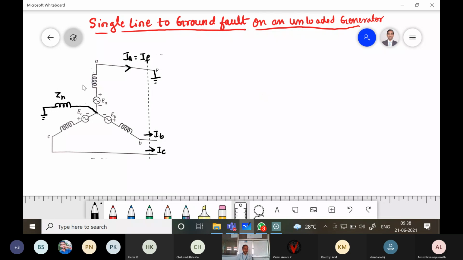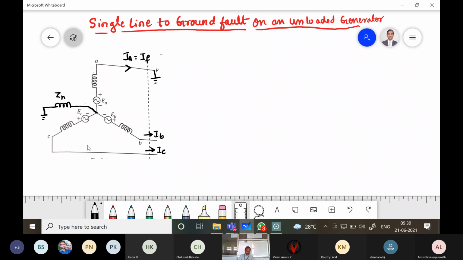Okay, so take this diagram. In single line to ground fault, we have an unloaded star connected generator, so it is not connected to any load, with its neutral grounded.